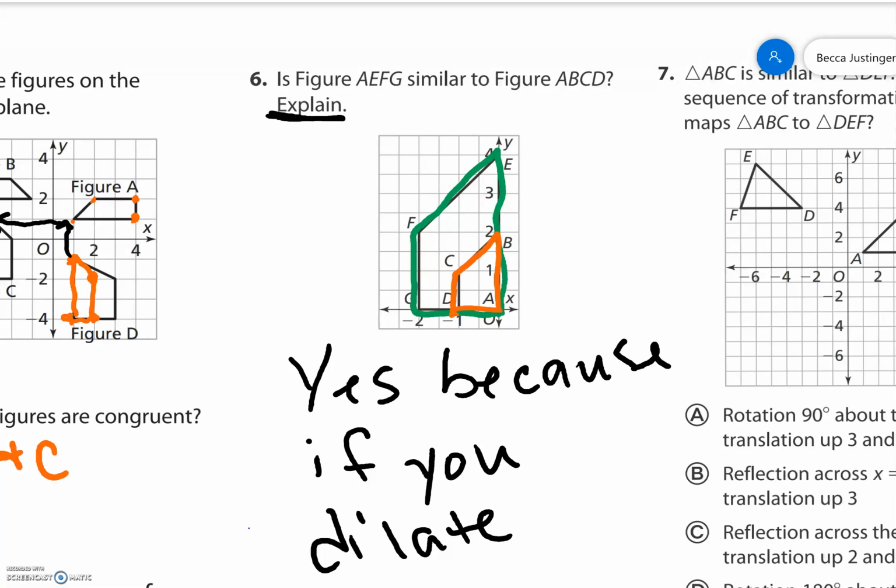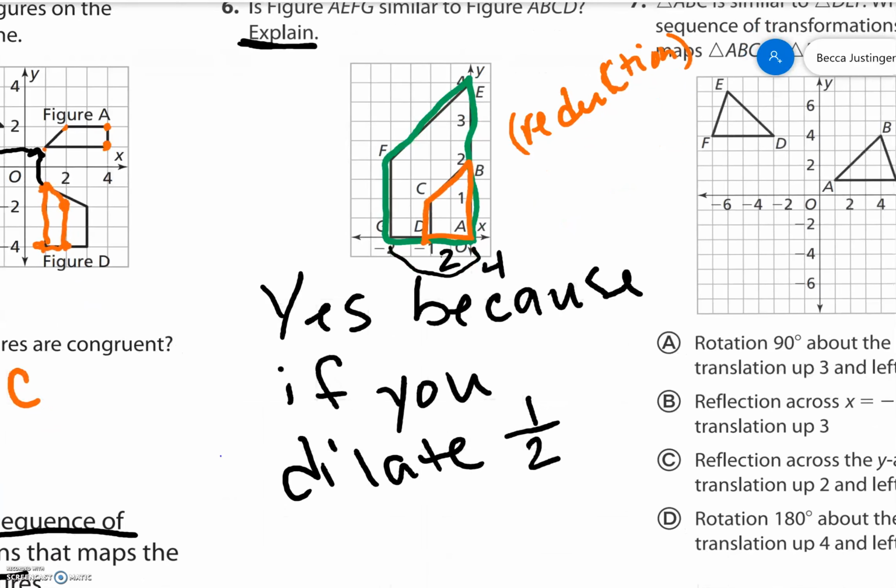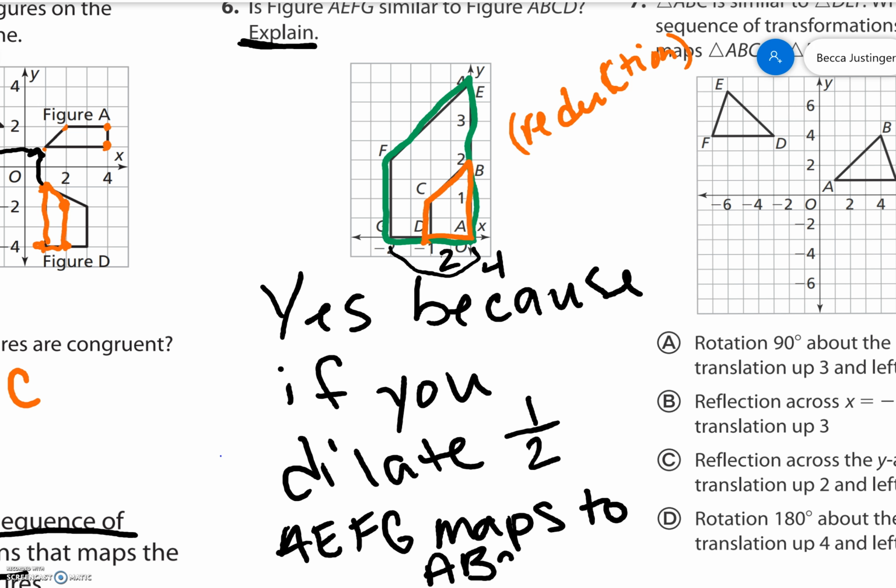So is it an enlargement or a reduction? It's a reduction. So we know it needs to be a number smaller than 1. We are going from a side length of 2 to a side length of 4. That means we are dilating by 1/2. If you dilate 1/2, AEFG maps to ABCD.